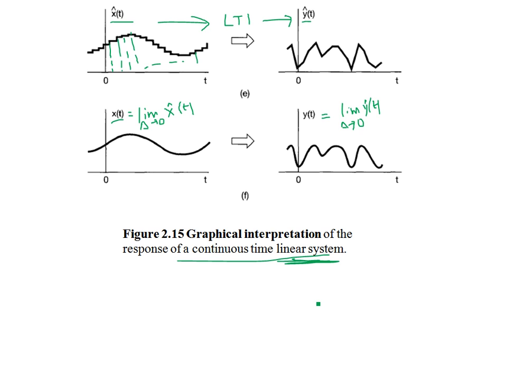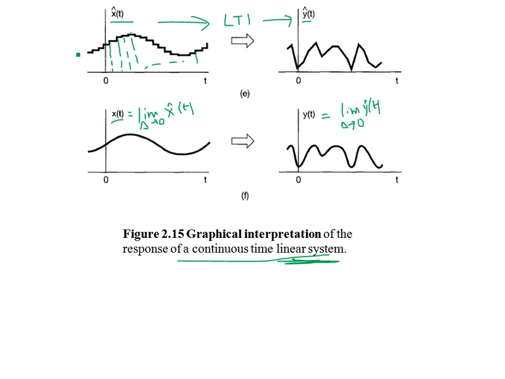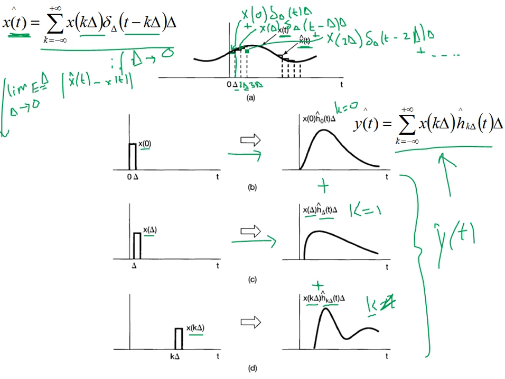Now, you see in figure 2.15a, this is the interpretation of what is happening in this figure. So 2.15a shows the approximation x hat of t and the continuous time signal x(t), and the other three figures b, c, d are three pulses which are introduced to the system independently, and then you have the outputs, and you are summing them up.